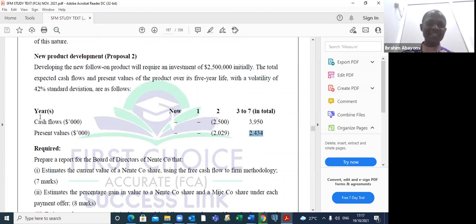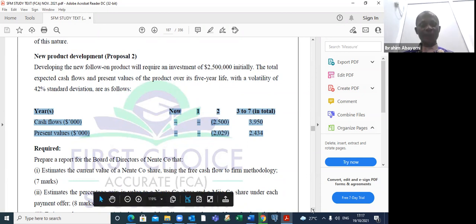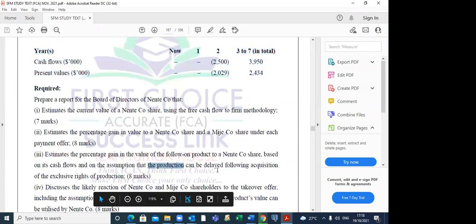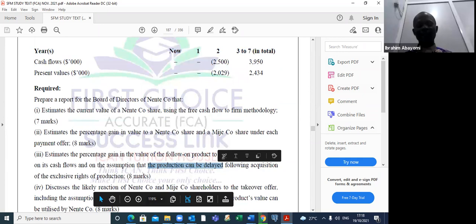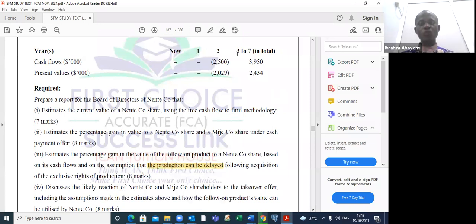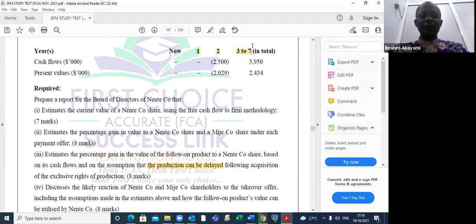Now, looking at these projects, the question tells us that the project can be delayed. You can see it on the assumption that the production can be delayed. If you look at this project, it's supposed to be from year 1 to 7.